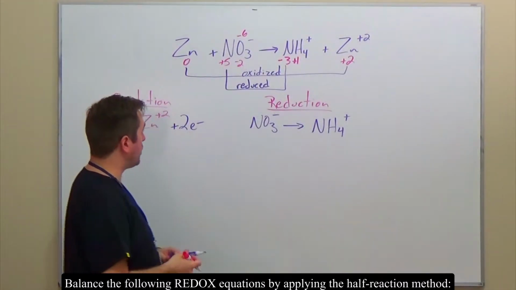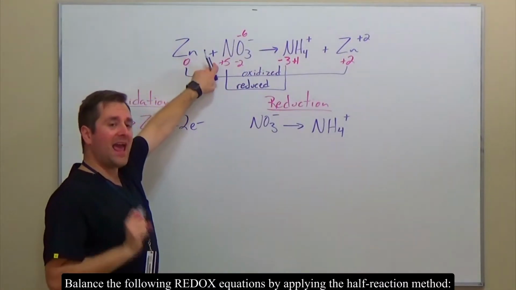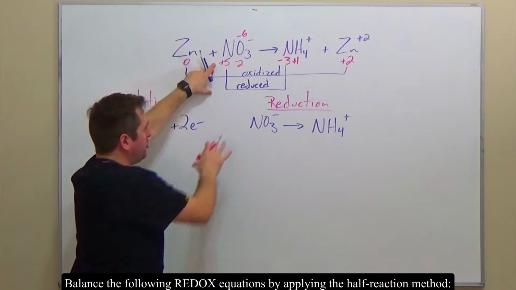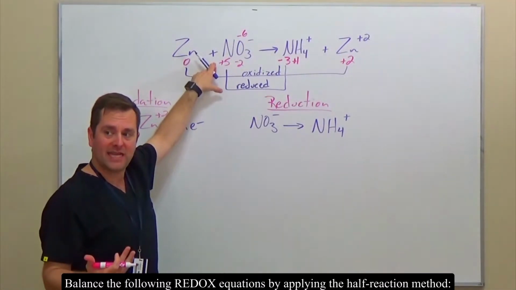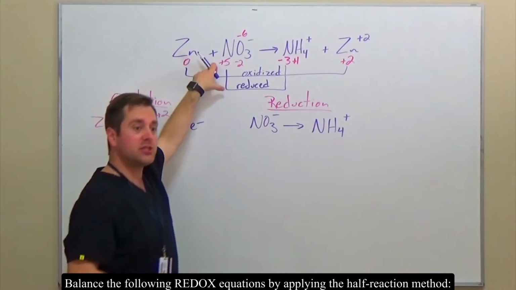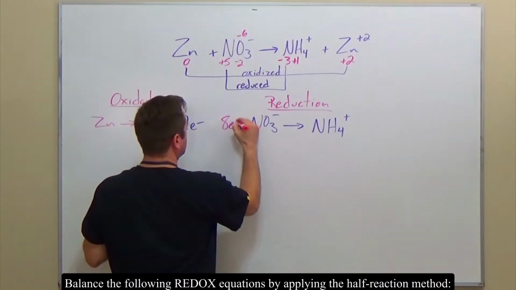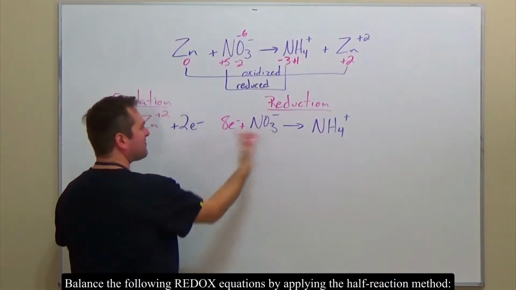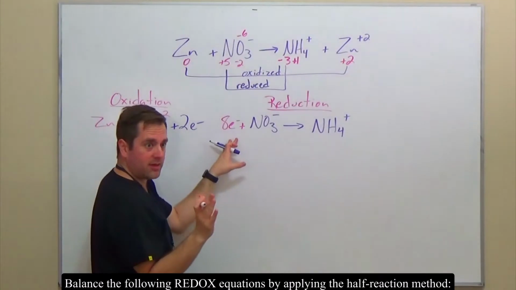Now we can actually focus on which side is more positive. Obviously this. So if we add 5 electrons to this side, we're bringing it down to 0, right? How many more do we need to add in order to get to -3? Just 3 more. So we're looking at a total of 8 electrons that need to be added to the left side of the half reaction arrow. Are y'all with me on that?